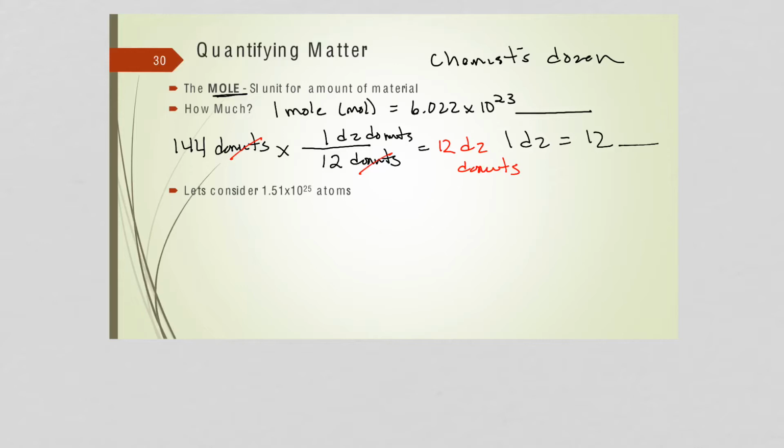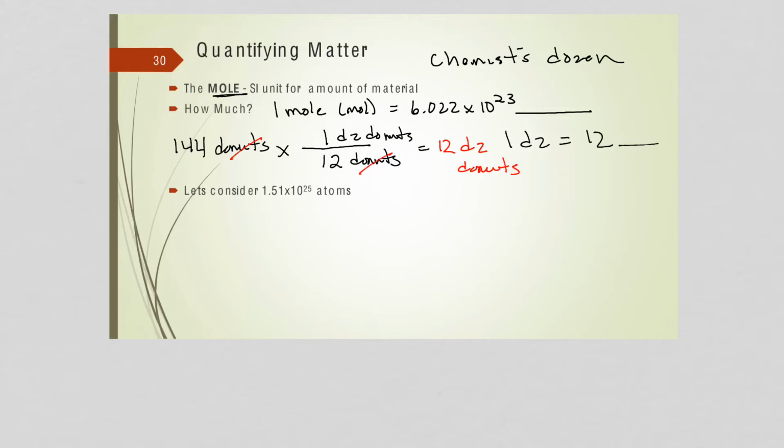And anybody knows that when I say I want 12 dozen, I mean that I want 12 times 12, or 144 donuts. So a mole is a similar concept, but used when we deal with really, really large numbers of things. For example, when we're counting atoms or molecules, because even with a very small quantity, we're going to have huge amounts of atoms.